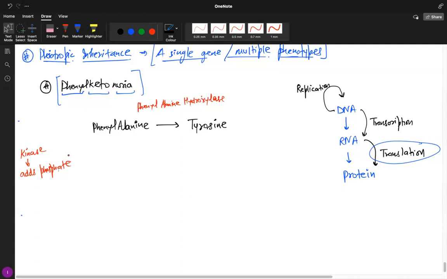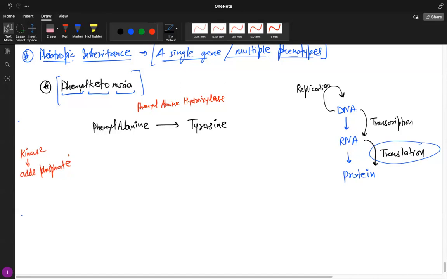Deoxyribonucleic acid, and RNA is ribonucleic acid. So ribose is a 5-carbon pentose sugar. And glucose is a 6-carbon hexose sugar. Is it clear? So you have to start making sense and linking the dots. Okay. Aisha and Rabia? Yes, sir.